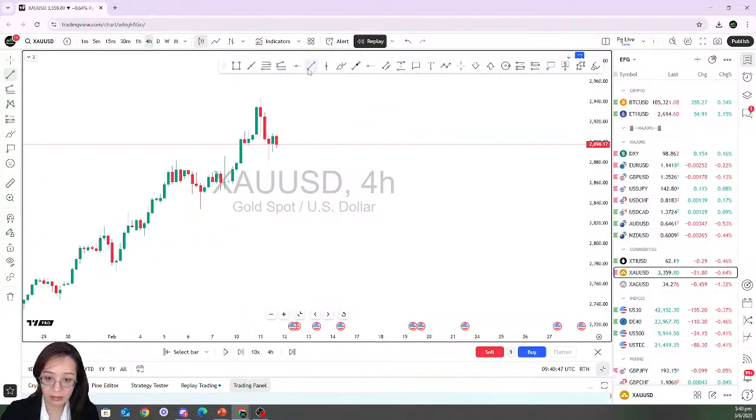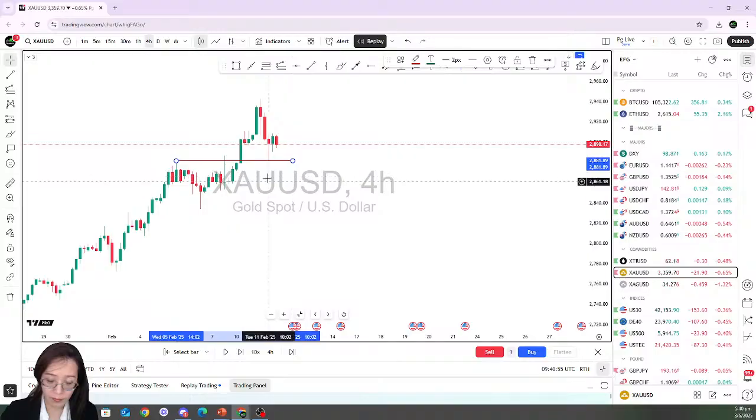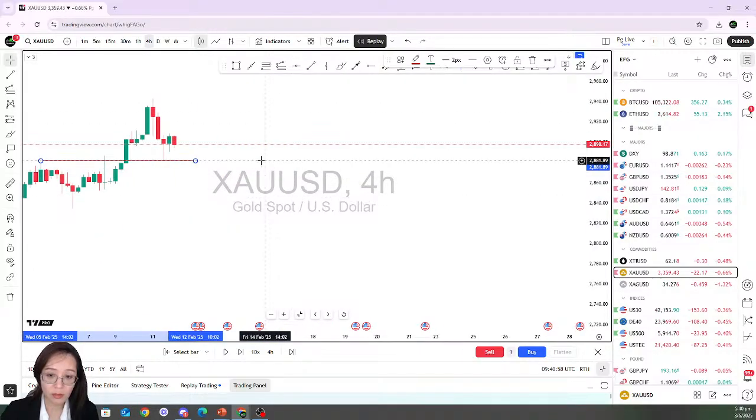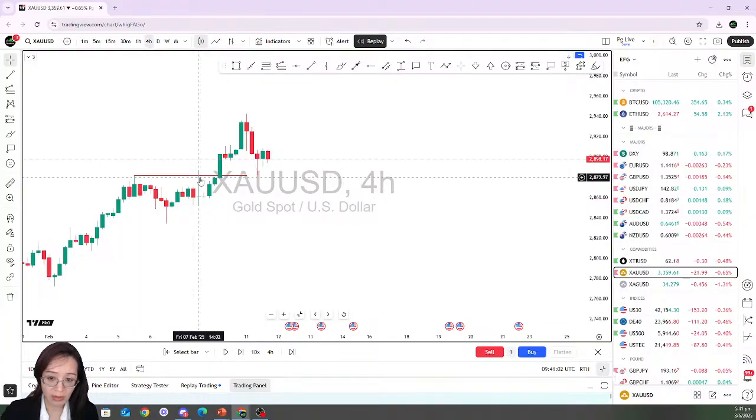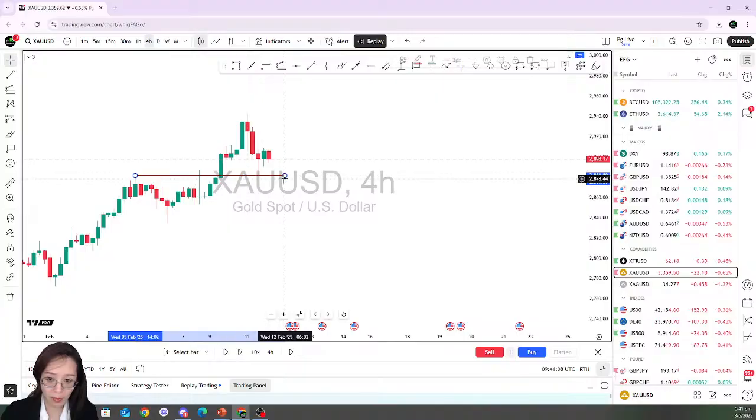Look at here. Whenever price breaks above your resistance level, it becomes your pullback support level. So whenever price breaks above your swing high resistance level, you need to wait for price to pull back. This is your pullback support level.